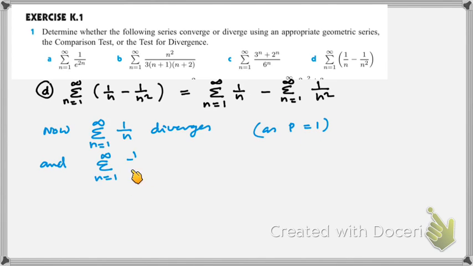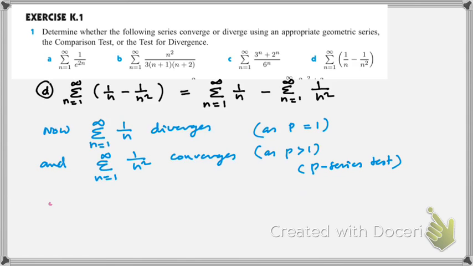While the second one, 1 by n square, p is greater than 1, and the p series test says if p is greater than 1, it converges. So if one of them is divergent and the other one is convergent, the whole given series becomes divergent. So the given series is now divergent.